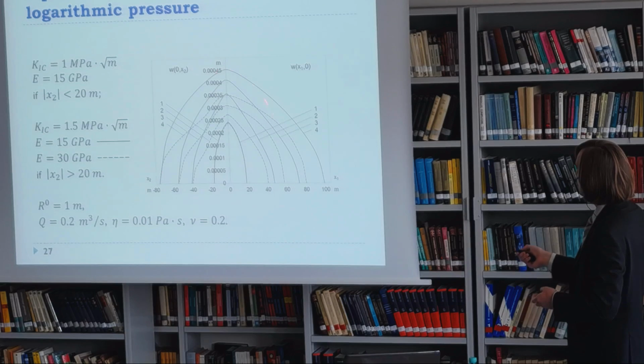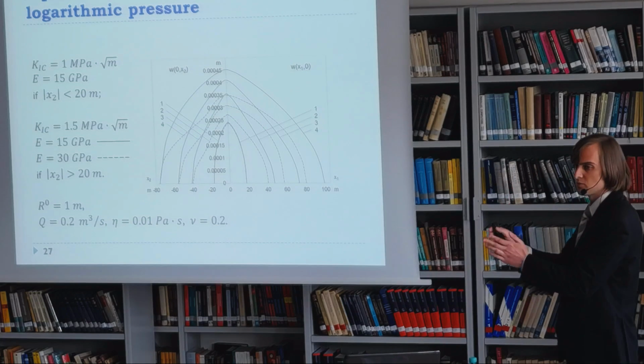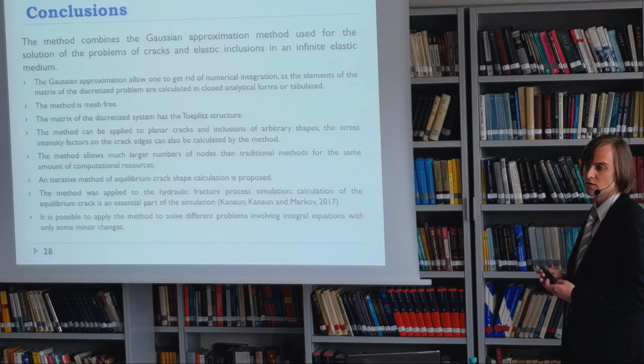And again here we have the crack opening, just in case. It has this form. Of course, because the pressure is logarithmic, you would expect that the crack opening would be bigger at the injection point here. So here are these examples I have given you.